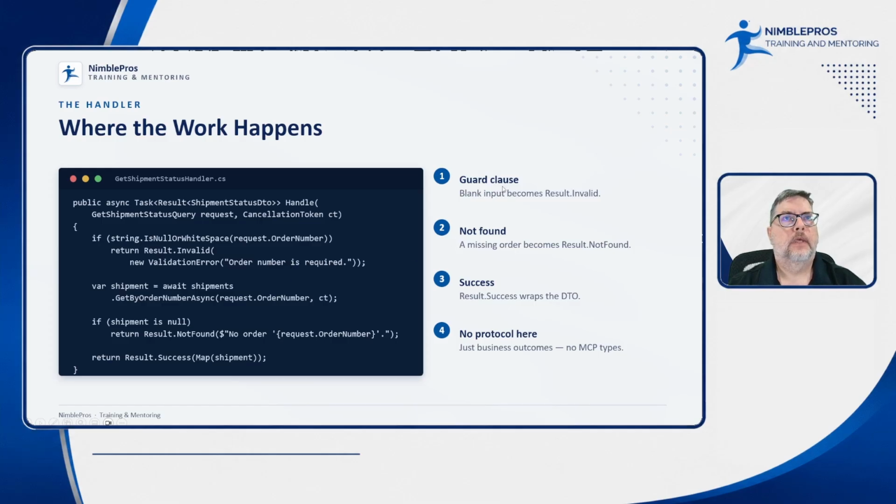So in this particular case, we've got a guard clause. So when our blank input comes in, we're going to return an invalid response, and we want to return descriptions with that, validation errors, things like that, so that not only does the AI know that something did go wrong, but you're providing information about what needs to be changed to the request in order to fix it.